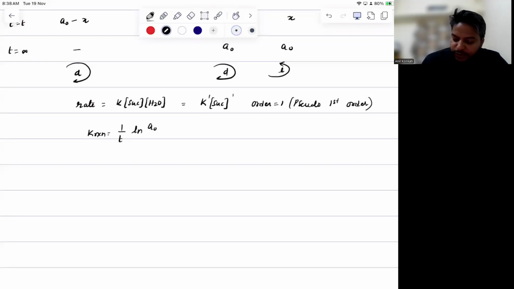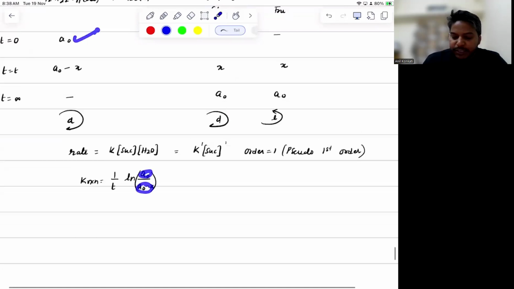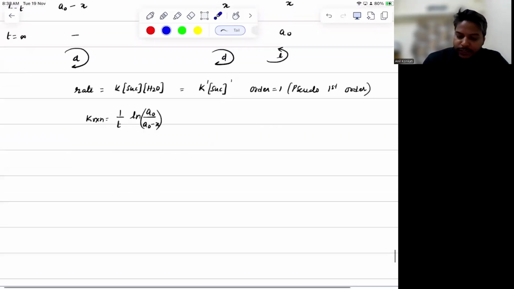Initial number of moles of sucrose is A naught, and now it is A naught minus X. Now somehow this A naught and A naught minus X, we got to represent in terms of their rotations. Okay. So now notice this one.